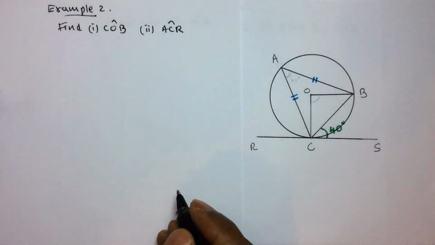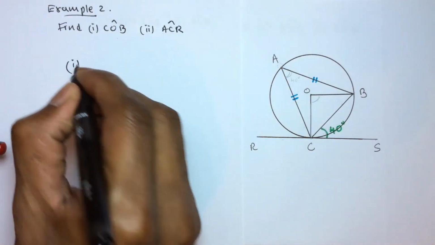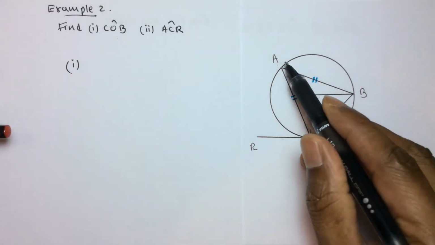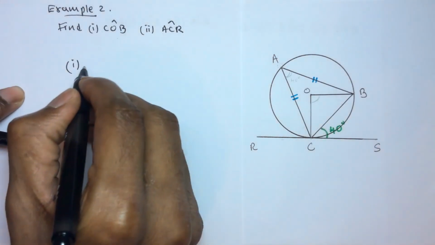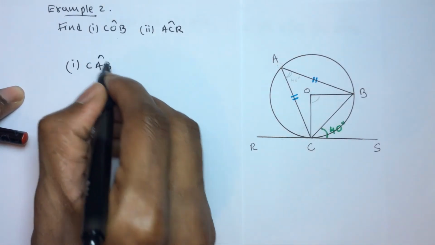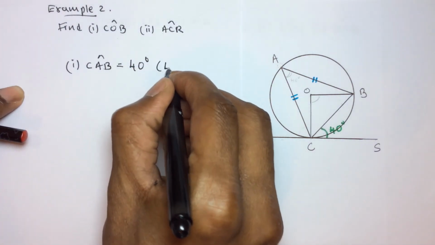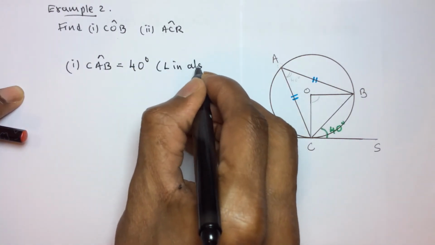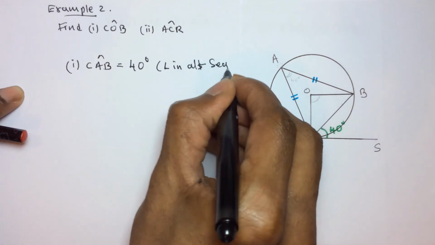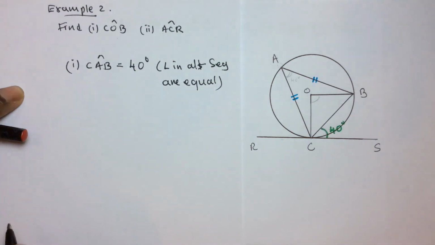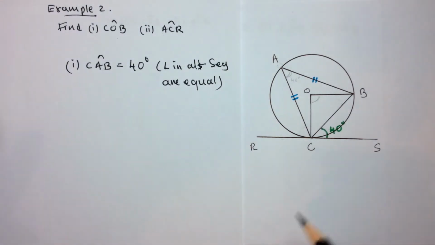So let us write down the answers. For the first part, to find COB, we first find CAB. Now CAB is equal to 40 degrees. Why? Angles in alternate segment are equal. So this is 40.